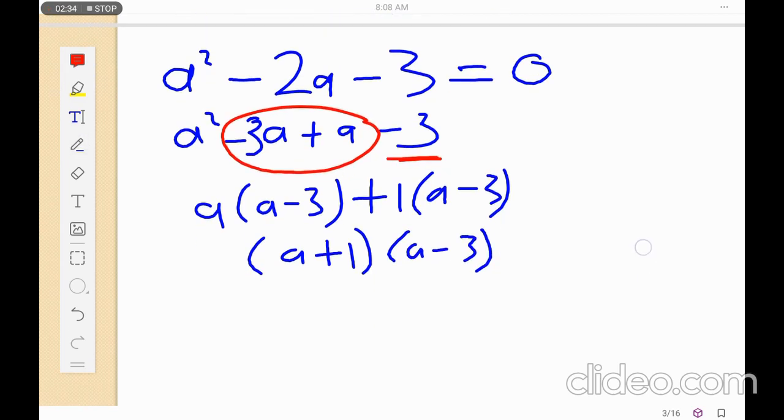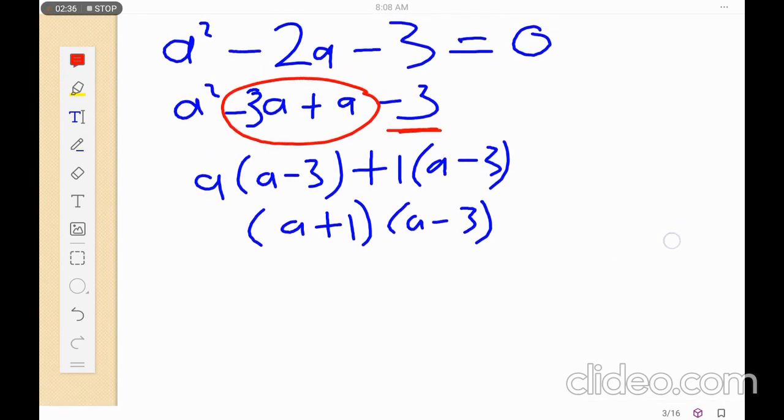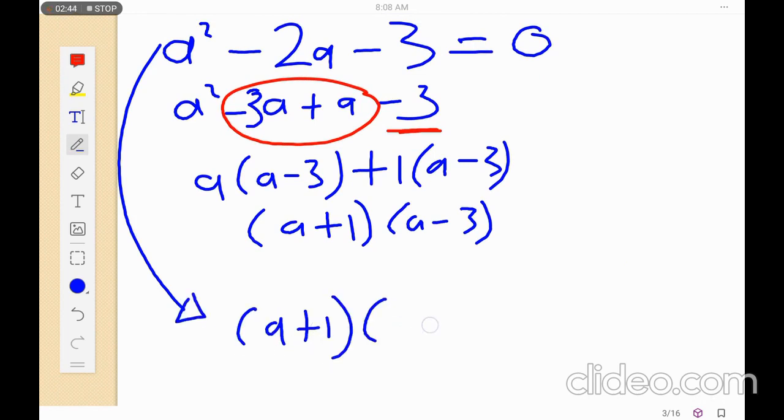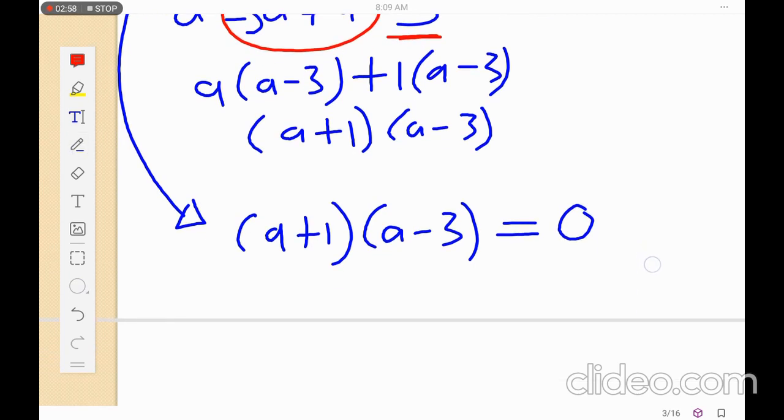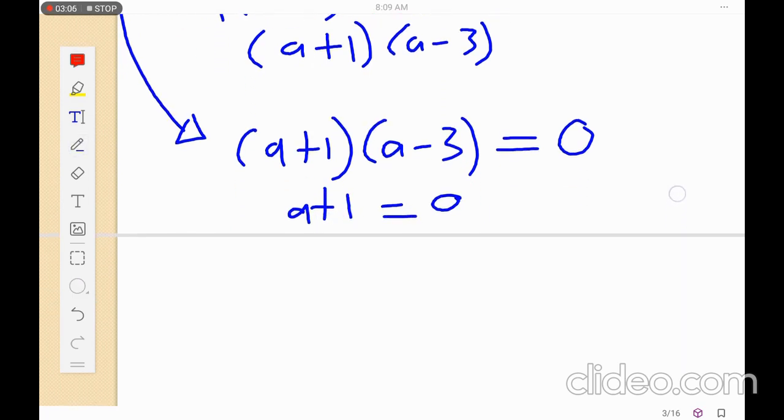Now I can rewrite the equation as a plus 1 times a minus 3 is equal to 0. What it simply means is that a plus 1 is equal to 0, and we can find the a value there: a becomes minus 1.